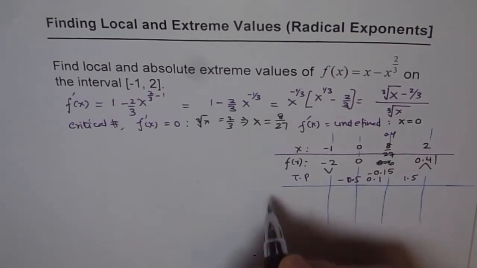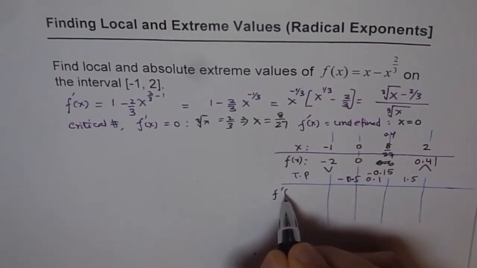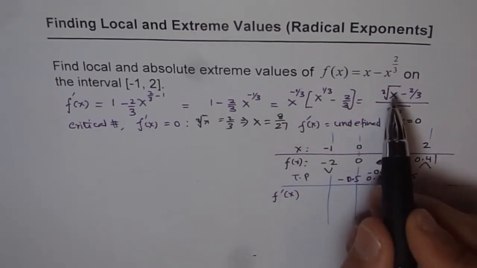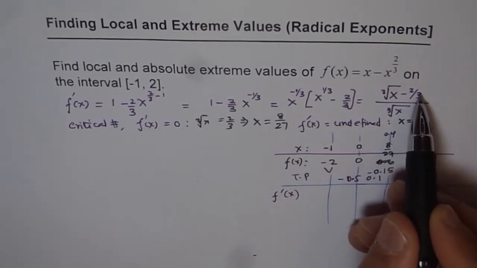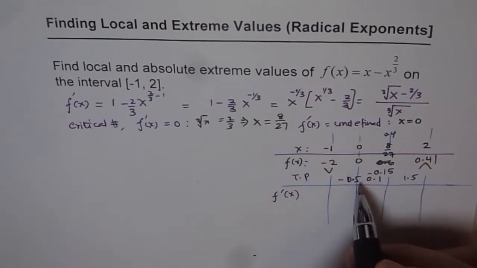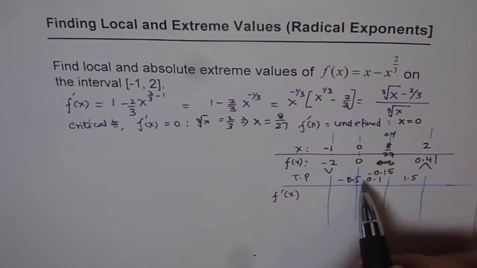We want to check whether f dash x is positive or negative, right? So f dash x is cube root of x minus 2 over 3, divided by cube root of x. If I put the x value, which is minus 0.3, what do I get here?